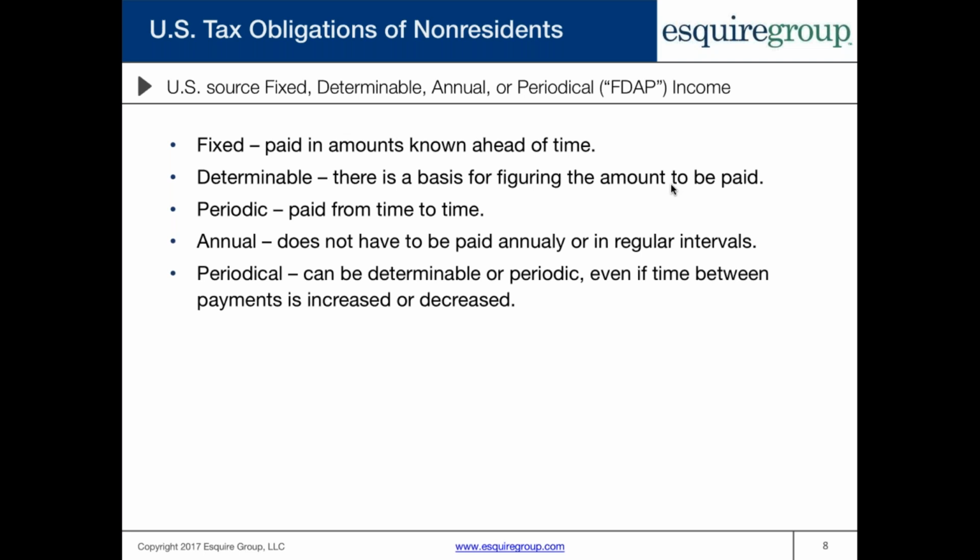It can be paid from time to time, and it can still be FDAP income even if the time between payments is increased or decreased, so even if it's paid on an irregular basis.